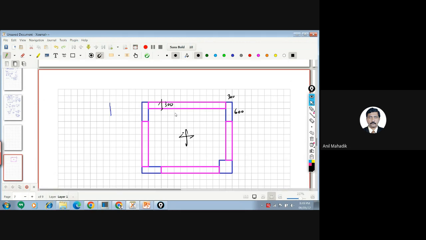Whenever I model this in, say, ETABS, let's say this is 4 meters out to out. Real dimension, I am talking as per the drawing. This is also, let's say, 3 meters.